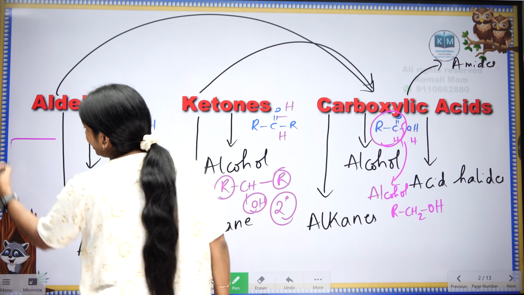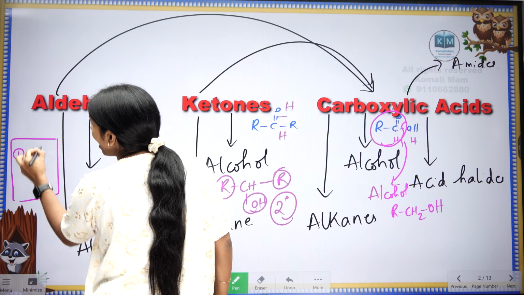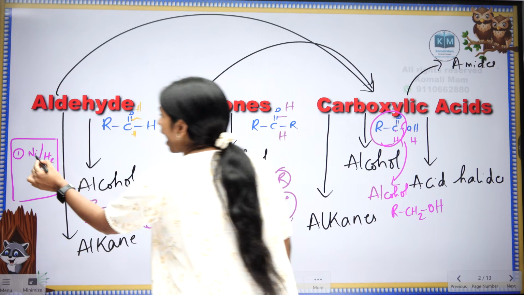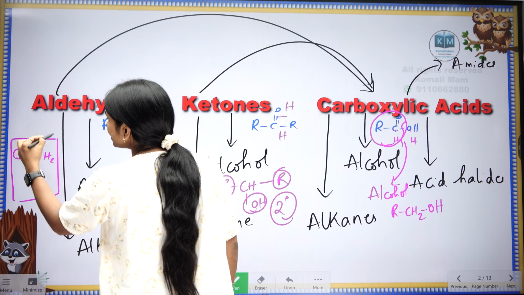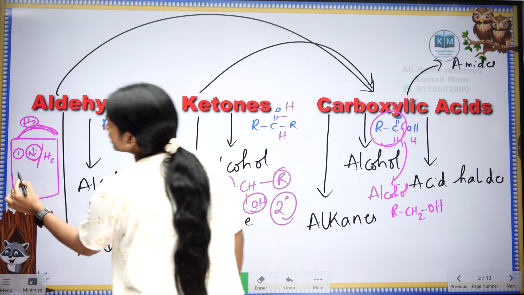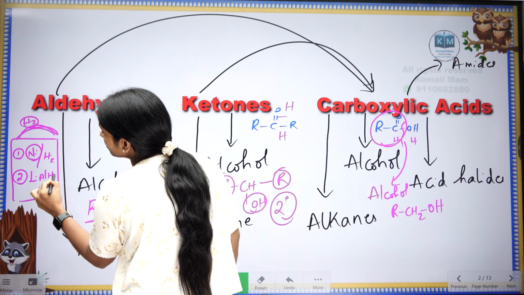I will write three here, very, very important. First, nickel over hydrogen, or hydrogen over nickel, meaning nickel is a catalyst over hydrogen. The second thing is lithium aluminium hydride.